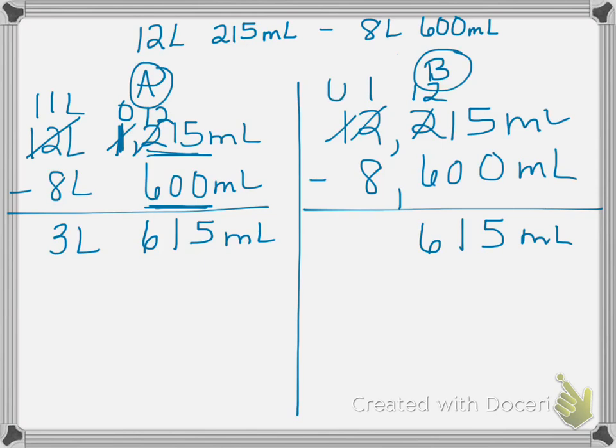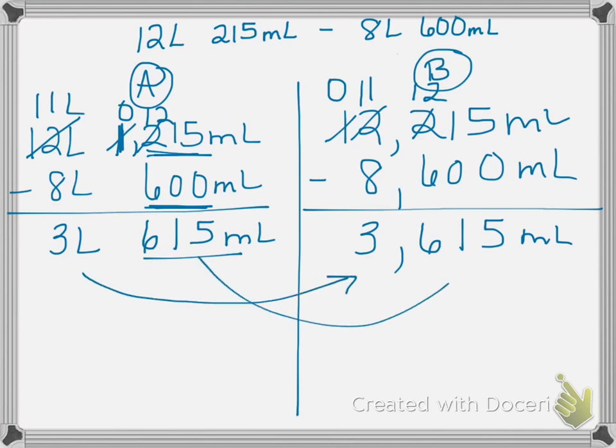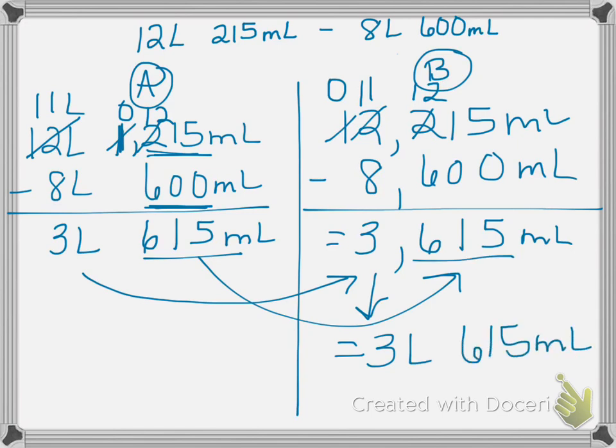Okay. 11,000s take away 8,000s is 3,000s. You'll notice the similarities. Okay, this is smaller units. If we were to convert, 3,000 would turn into 3 liters, and 615 would stay in milliliters. 3 liters, 615 milliliters.